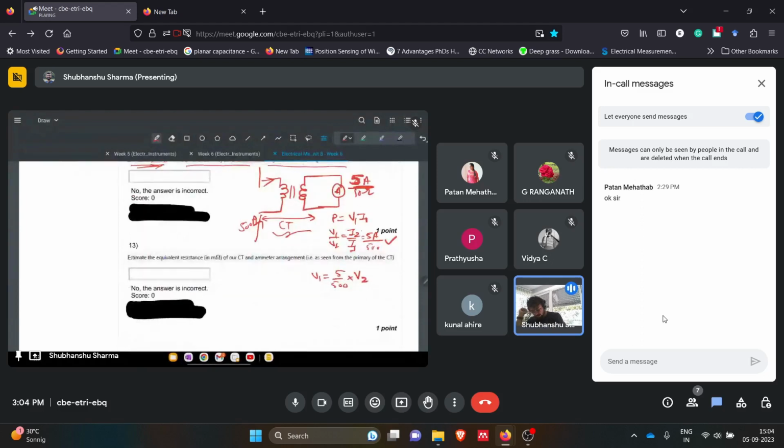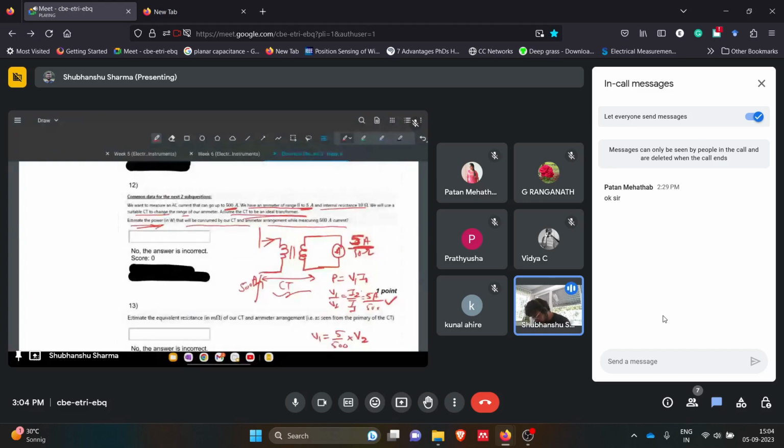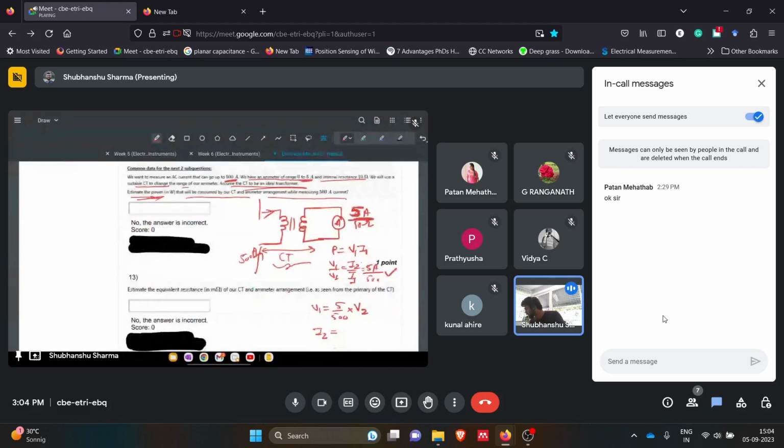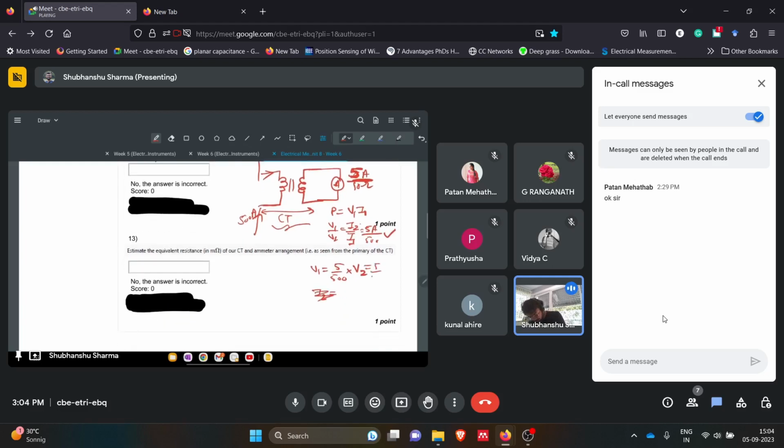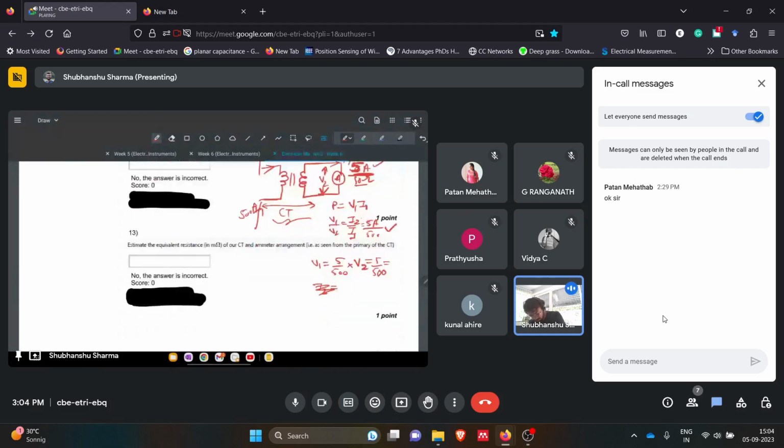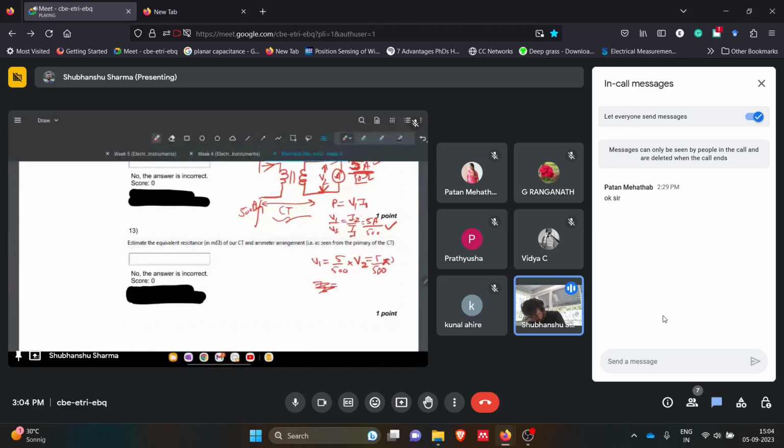And what is V2? V2 is the secondary side voltage, where 5 ampere is the current flowing and we have a resistance of 10 ohms, so it is 5 into 10, simple Ohm's law.